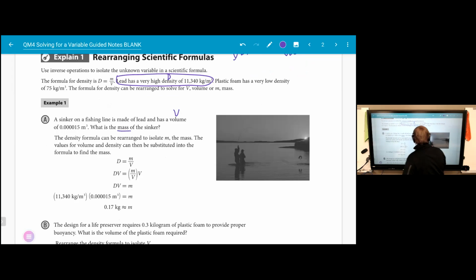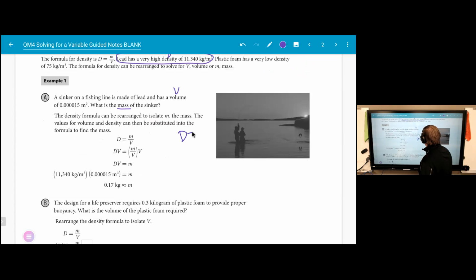Okay, so we've got this formula, D equals M divided by V. And I need to make it look like either equals M or M equals. What is happening to M?